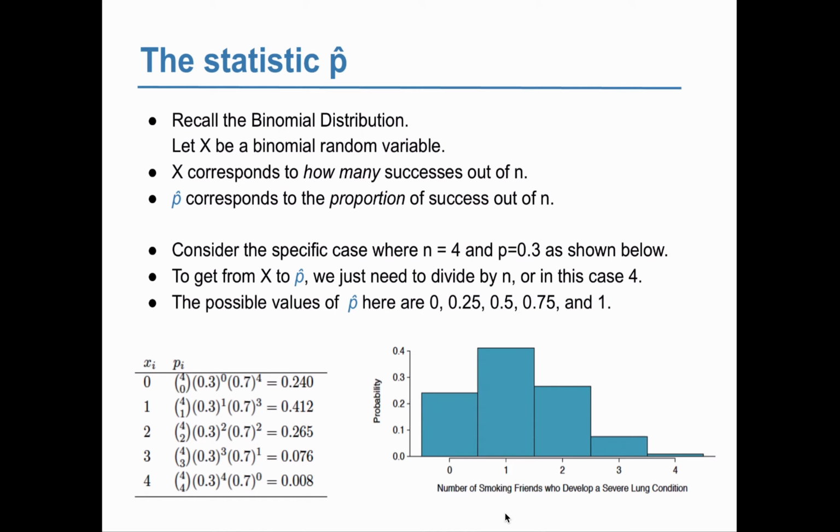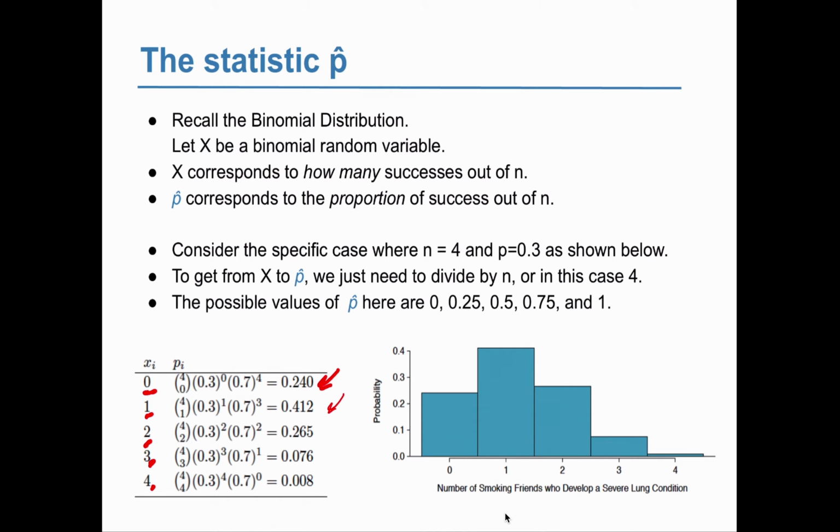So if we have a case where, let's say, n equals 4 and p equals 0.3, we can find the probability of x equal to each of these specific values. The probability of 0 successes is 0.24, the probability of 1 success is 0.412, etc.